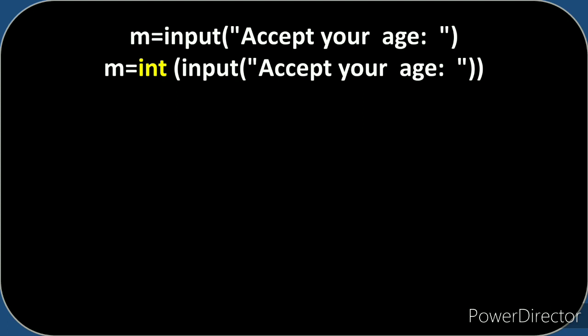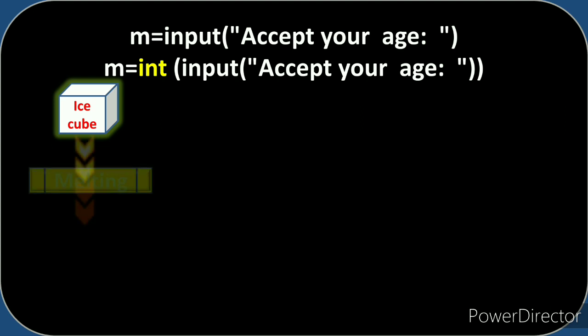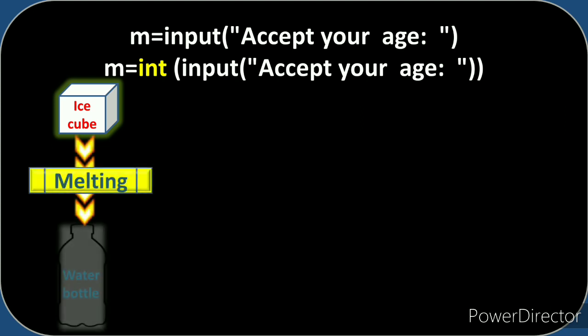And why is it okay? Let's check it with a diagram. Suppose you have an ice cube and you want to put it in a bottle. Normally it is not possible. Whenever you have a bottle, you have to simply melt it. Whenever it is converted into a format which can be poured into a bottle, then you can keep it. Directly, ice cannot be put inside a bottle.